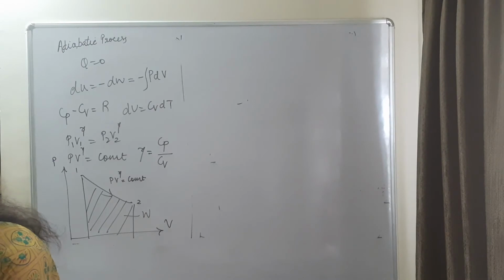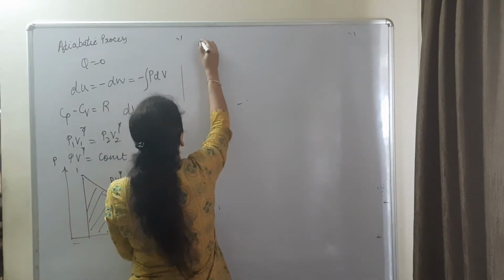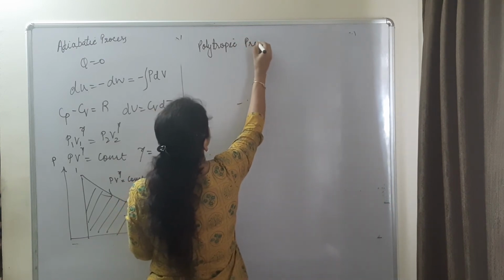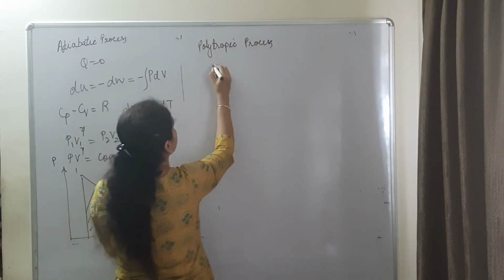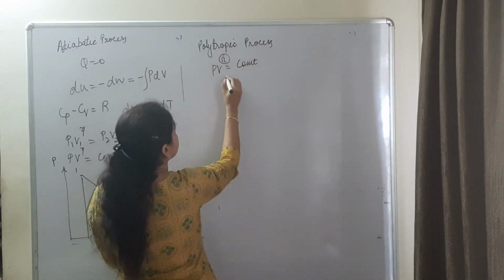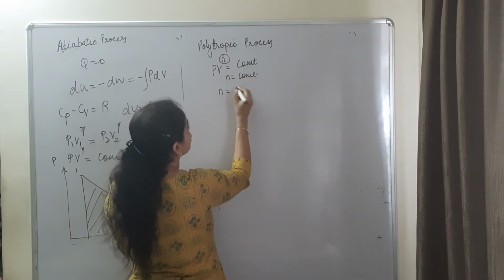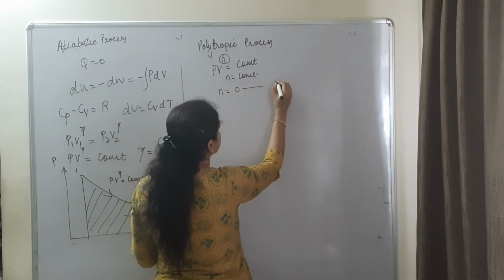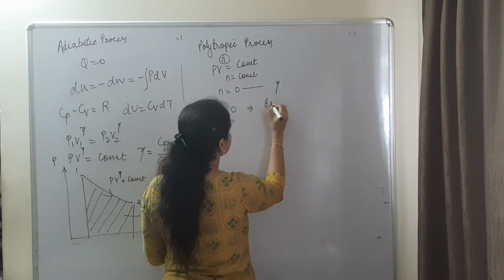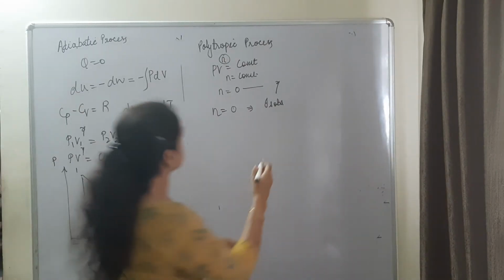So for any polytropic process, the relationship between the pressure and volume is given by PV raised to the power n is constant, where this n is constant, and the value of n lies between 0 to gamma. So if the value of n is 0, your process is isobaric process.